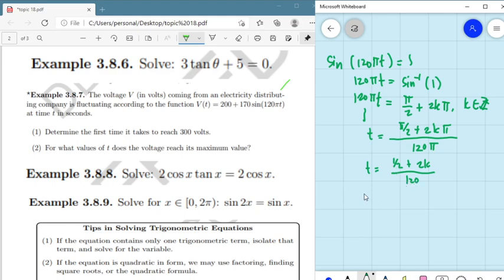Dividing 1/2 by 120, t is equal to 0.00417 plus 2 divided by 120 is equal to 0.017k. Okay, so that means the voltage is maximum when t is approximately equal to 0.00417 plus 0.017k.